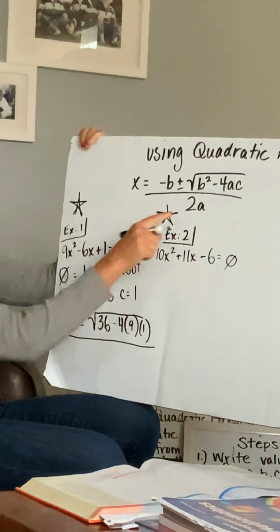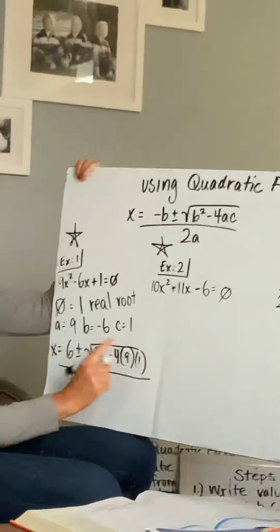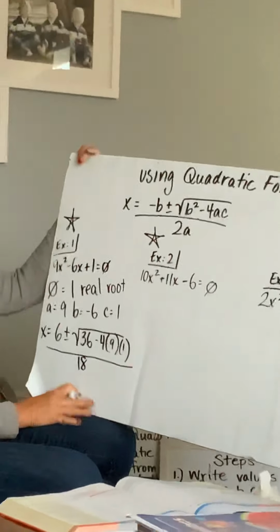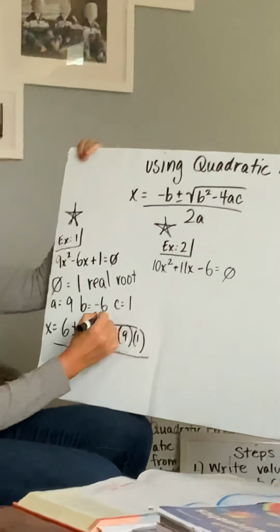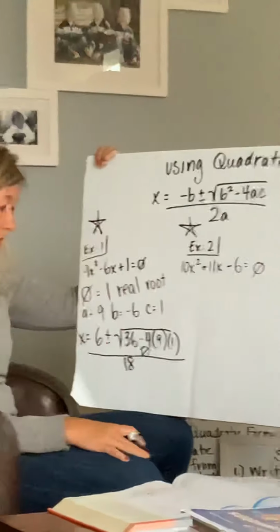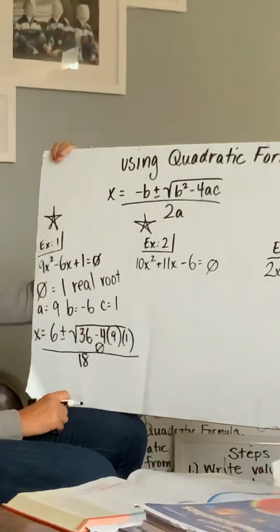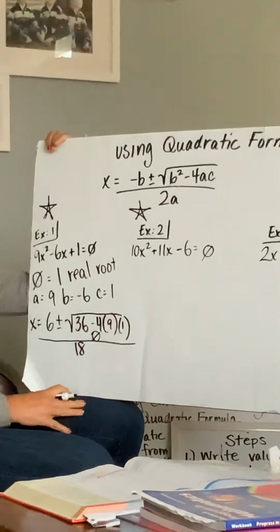So what's 2 times 9? 18. All right, we already know what this is. This is 0. All right, guys? So we're going to put a little 0 down here because we already did that, right? What's the square root of 0? Nothing. So we have 6 plus 0 over 18, and we have 6 minus 0 over 18.